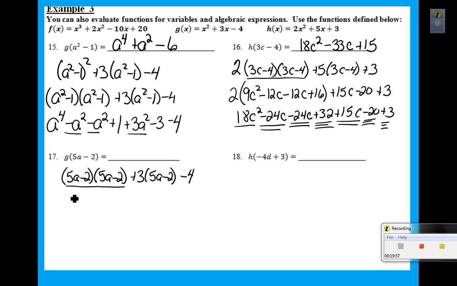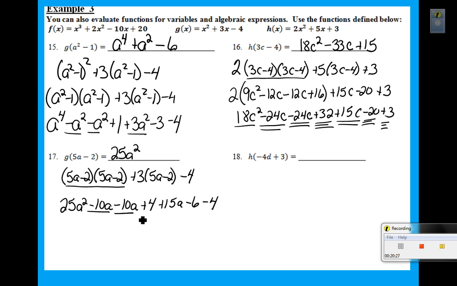Let's FOIL this out. So I'm going to get 25a squared minus 10a minus another 10a plus 4. Distribute that 3 and get 15a minus 6 minus 4. And then go combine any like terms that you can find. So I've got 25a squared.